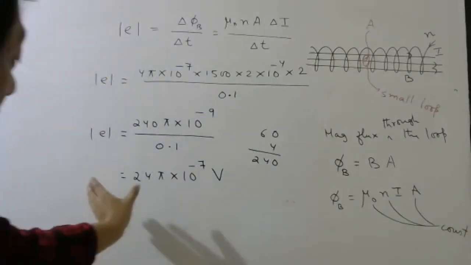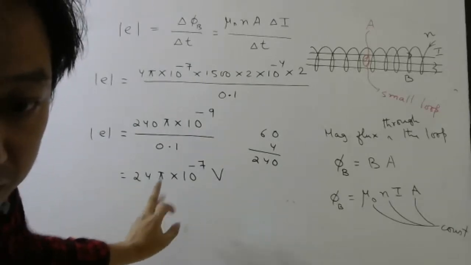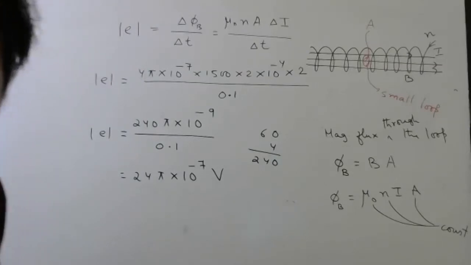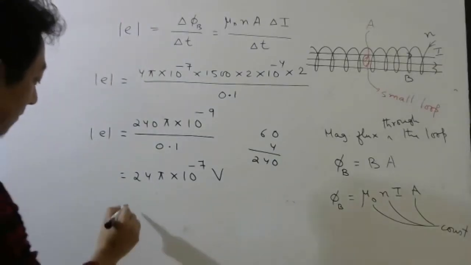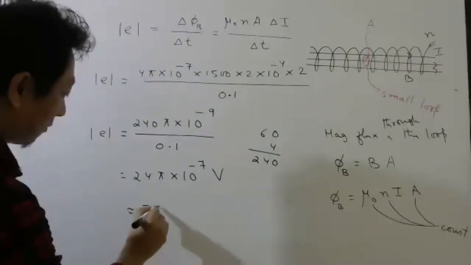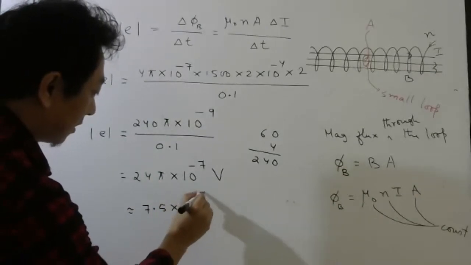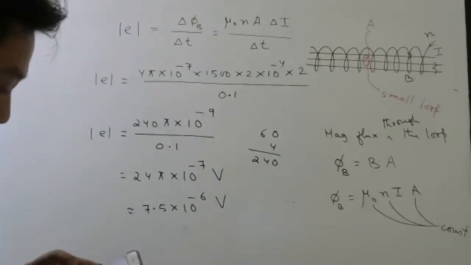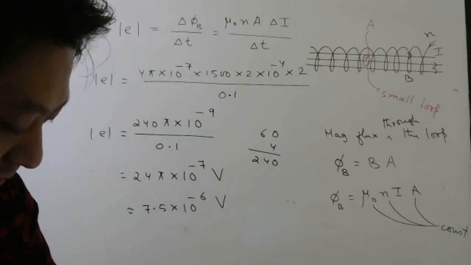So this much volt I am getting. Just multiply with pi. 7.5 into 10 power minus 6, right? Okay. So 7.5 into 10 power minus 6. Yeah, that is the answer given also.